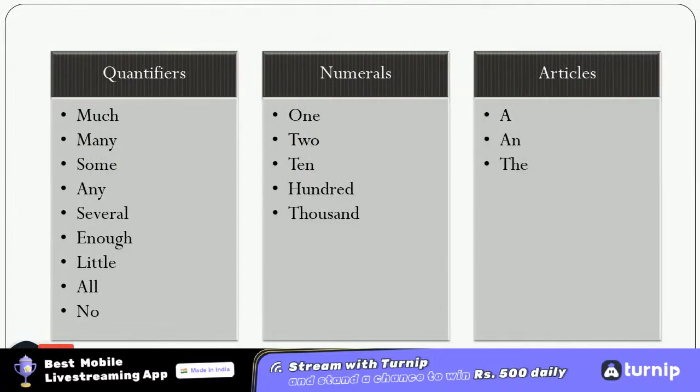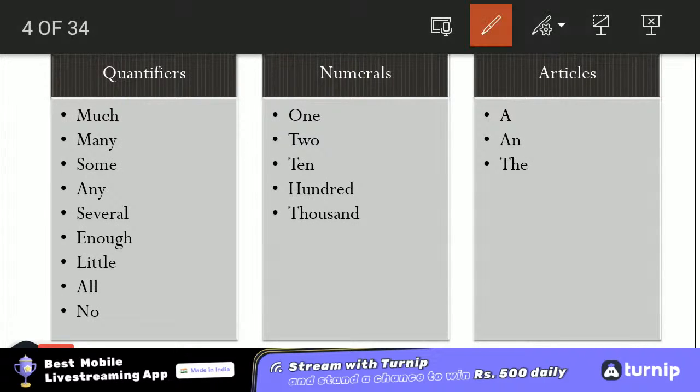Moving ahead, we have some more words which will help you to know more about determiners. The next category is quantifiers, numerals, and articles. Quantifiers tell us about the quantity. That is much, many, some, any, several, enough, little, all, no. All these words are quantifiers, जो हमें क्वांटिटी के बारे में बताते हैं.